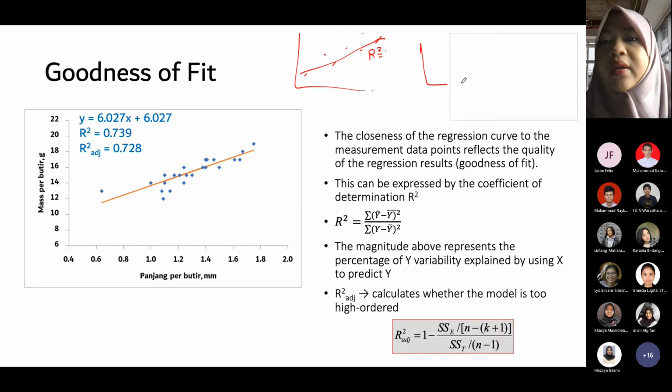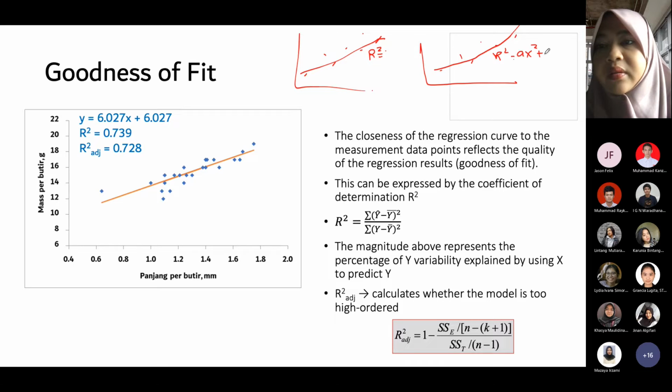Or maybe you want to make, okay, look, the same data, second order, so it becomes more curved, for example, ax squared plus bx plus c. Usually this R square can be higher compared to this one.